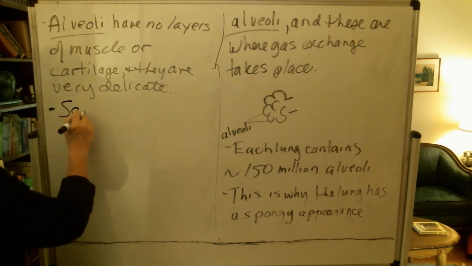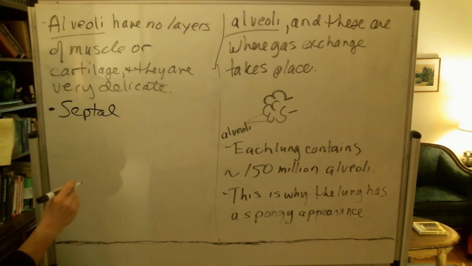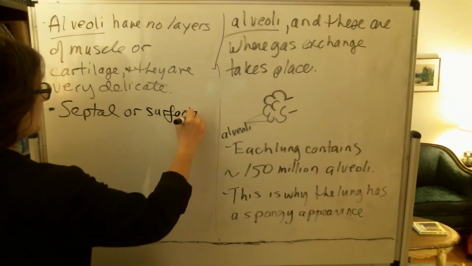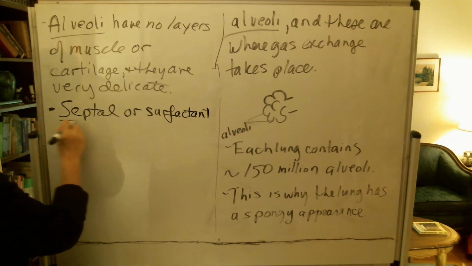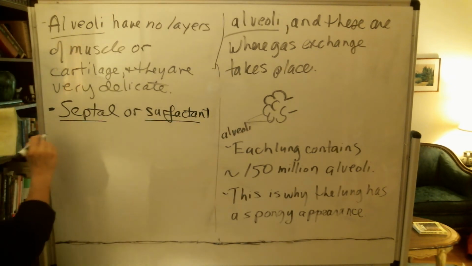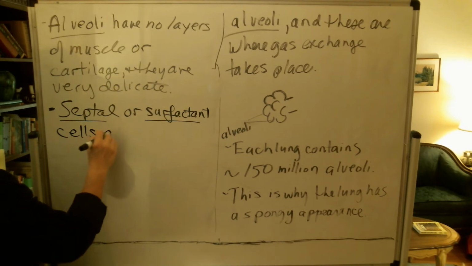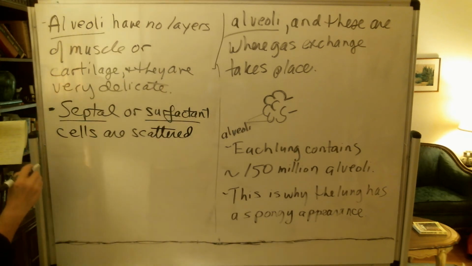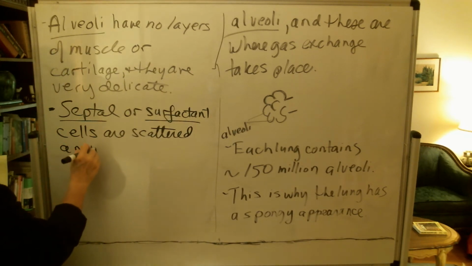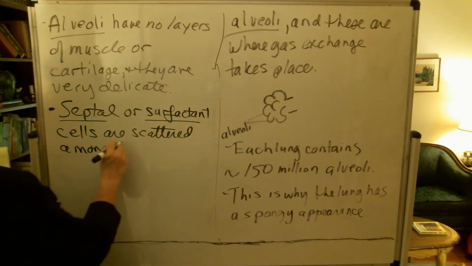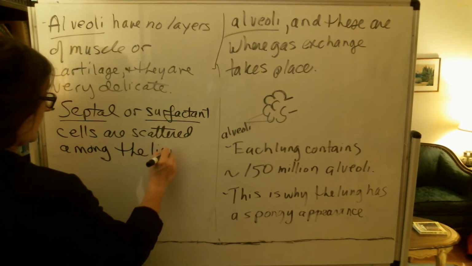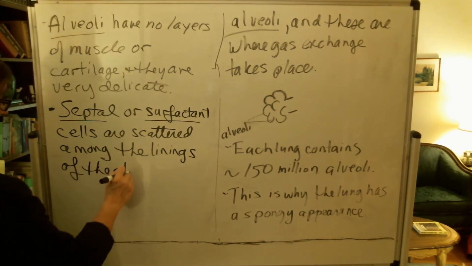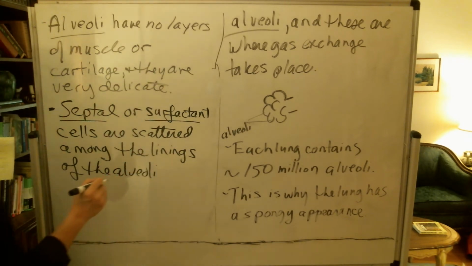Now, additionally, there are septal or surfactant cells that are scattered among the linings of the alveoli.